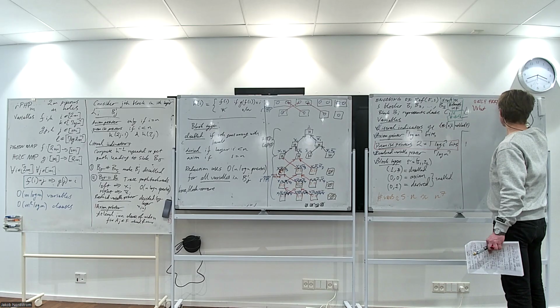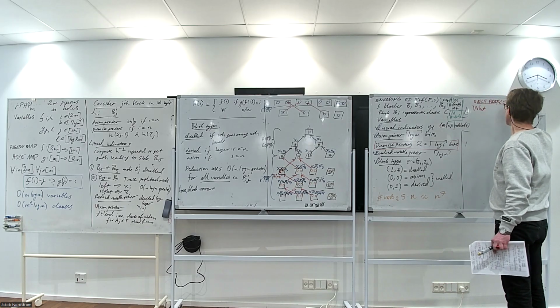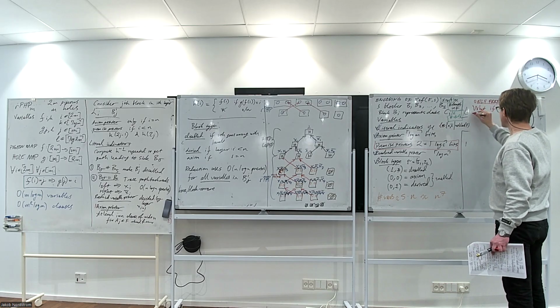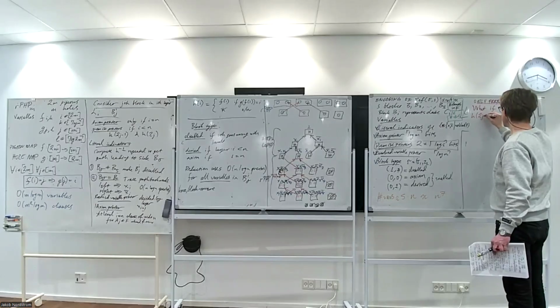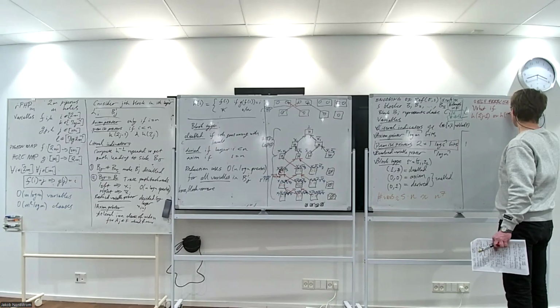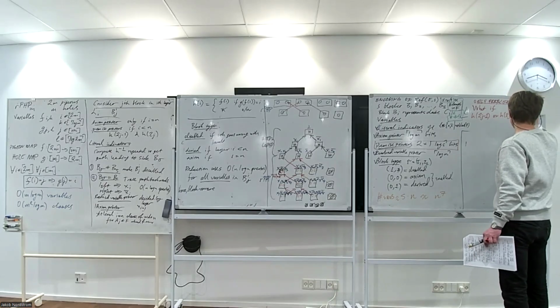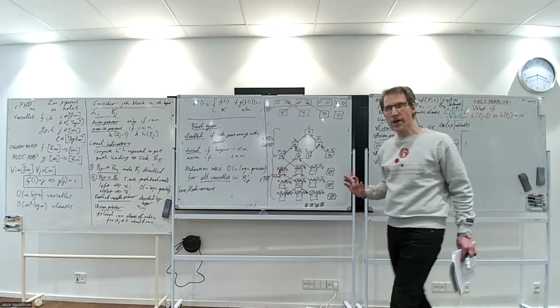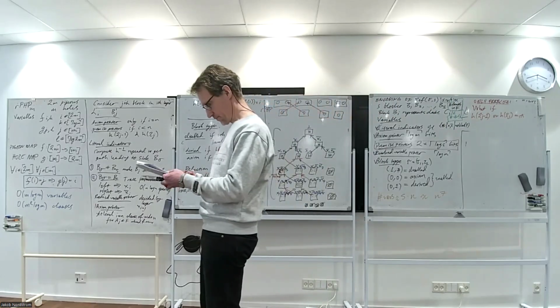We want to finish now, so I'm speeding up a little bit. The problem is, what if h of 2j minus 1 or h of 2j is equal to star?